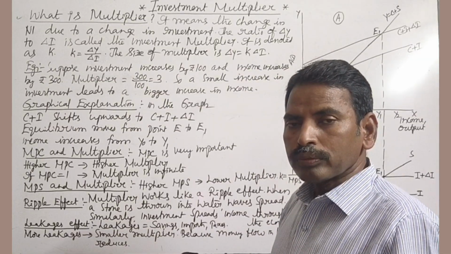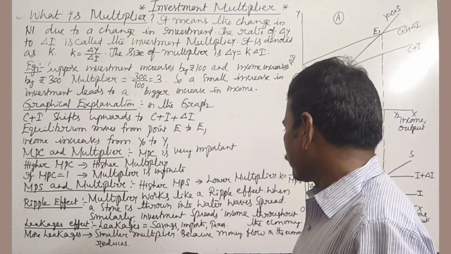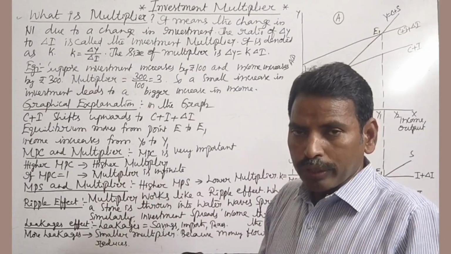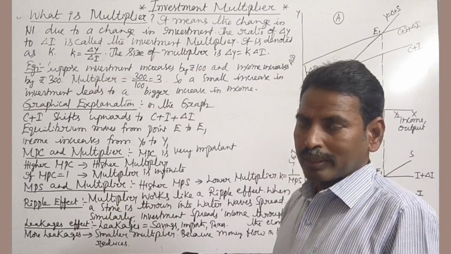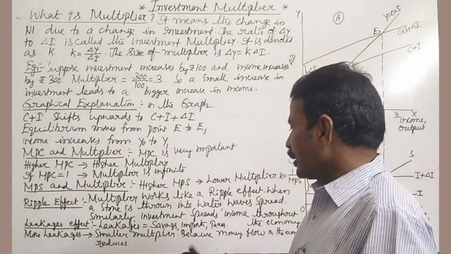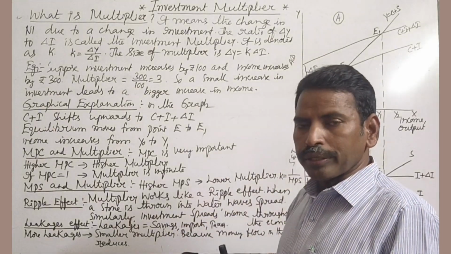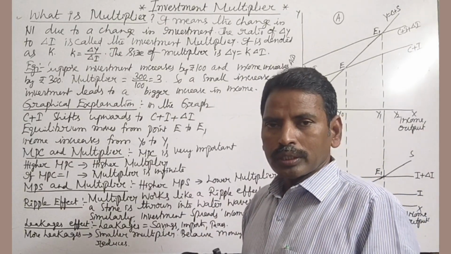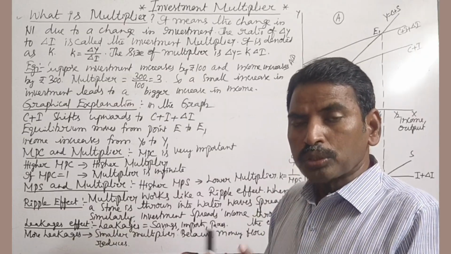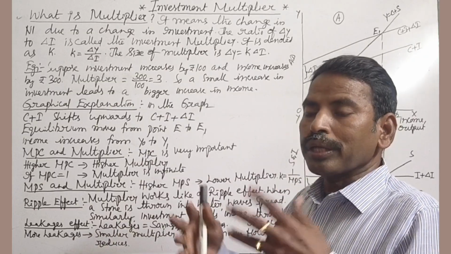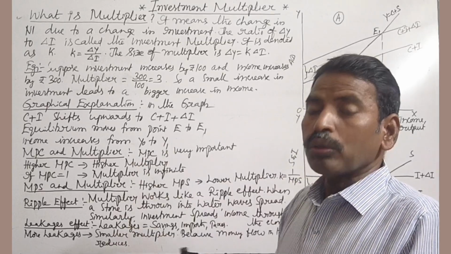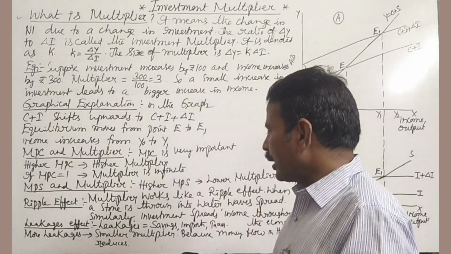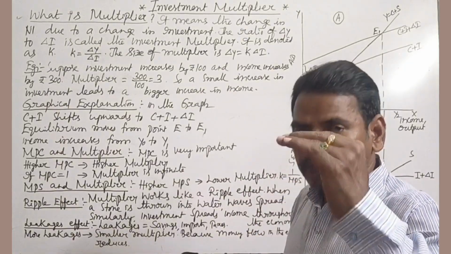When a stone is thrown into water, the waves spread in all directions. So similarly, investment spreads income throughout the economy. So income increases throughout the economy, in all directions of the economy. That is why the multiplier works like a ripple effect of water.